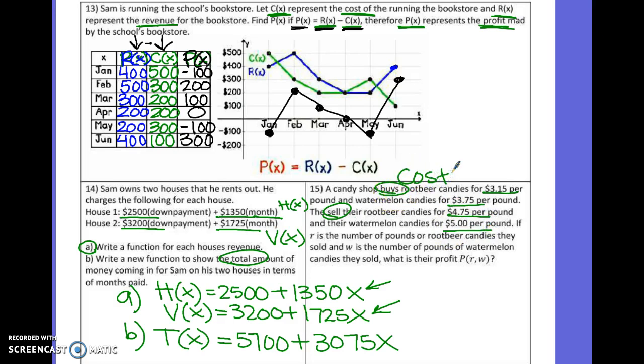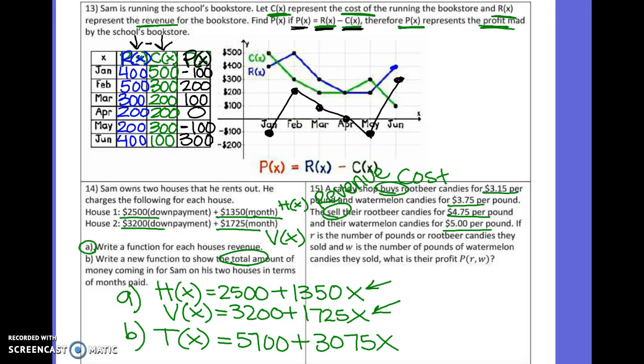That's how much they have to pay. And selling would be the revenue. That's how much money they get to bring in. That's how much they make. If R is the number of pounds of root beer candies they sold, and W is the number of pounds of watermelon candies they sold, what is their profit?